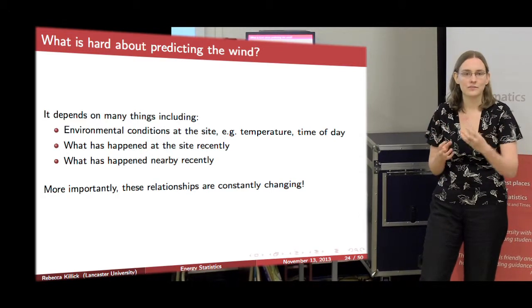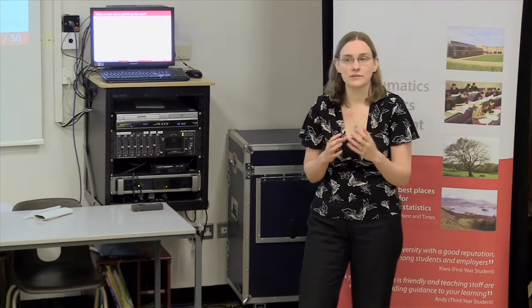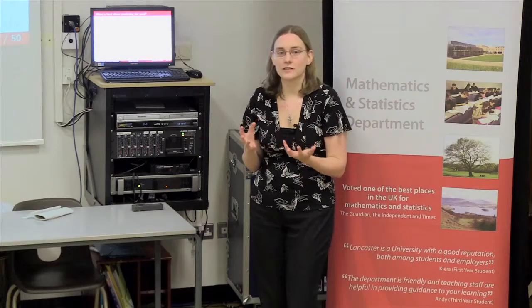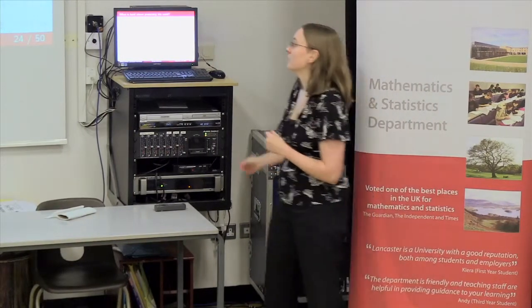If temperature is high, it may be more influential over the wind power that you're getting, and that might be the case in June, but then when it's warmer in the winter, it might be a different sort of relationship that's going on. So because these relationships are constantly changing, it's very, very hard to try and actually predict the wind using all of these different things.